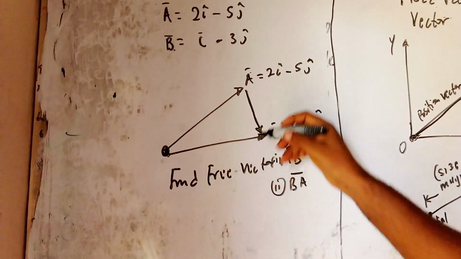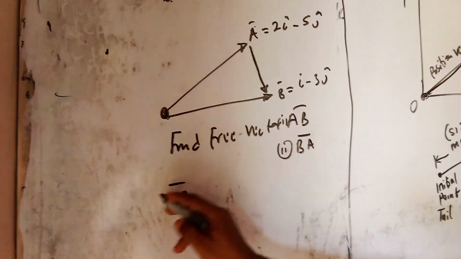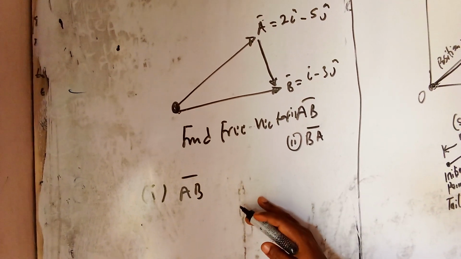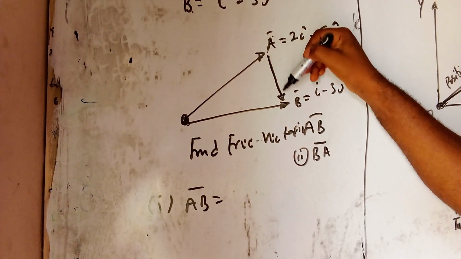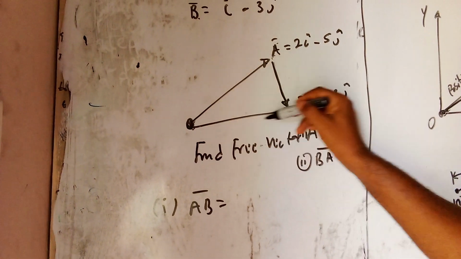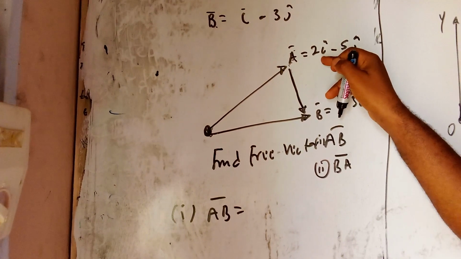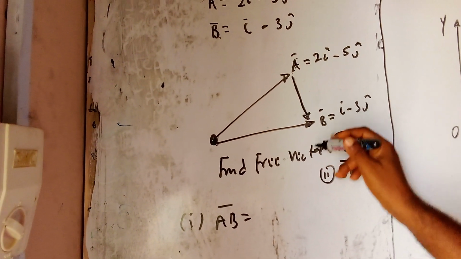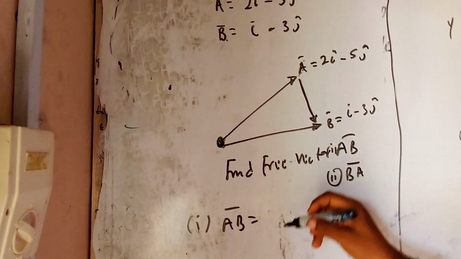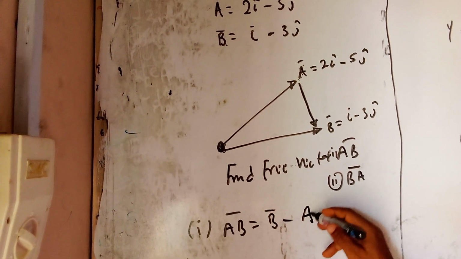Now, to get free vector AB, that's question 1, that means we move from A to B. Instead of moving from A to B directly, we move along the two arrows, and we are moving against the arrow, so this vector will be negative. And because I'm moving towards the arrow here, this vector will be positive. So vector AB will be vector B minus vector A.